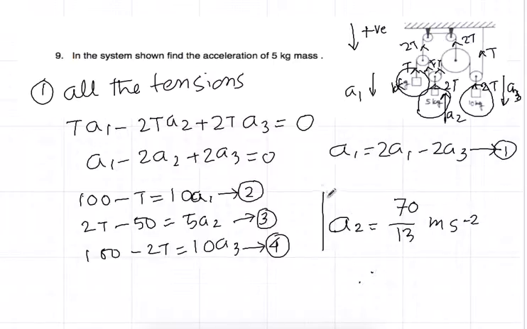I'm leaving this to the students. Please contact me and I'll teach you how to solve four equations with four unknowns. This is the final answer. That means the 5 kg will go up with 70 by 13 meter per second square. Thank you.